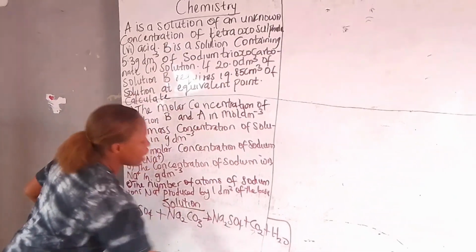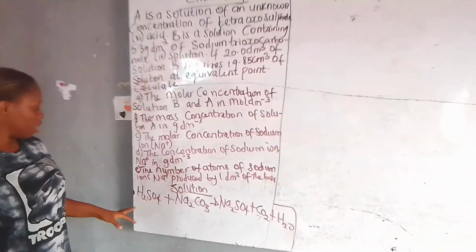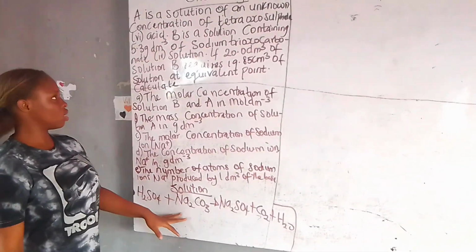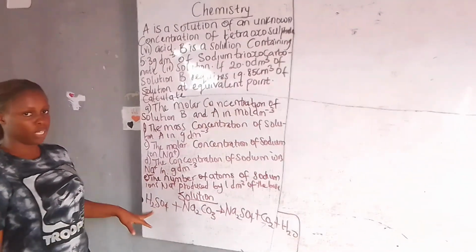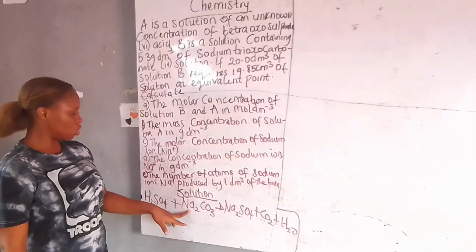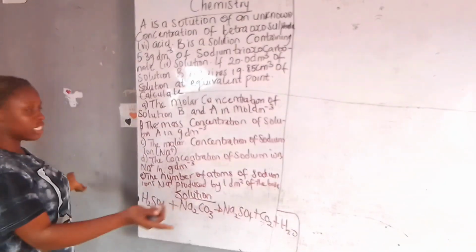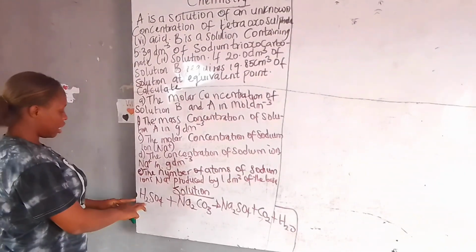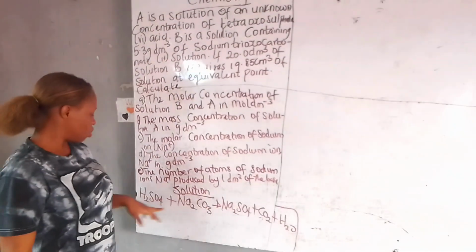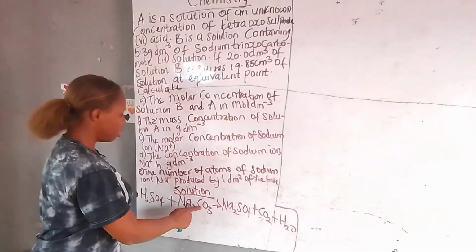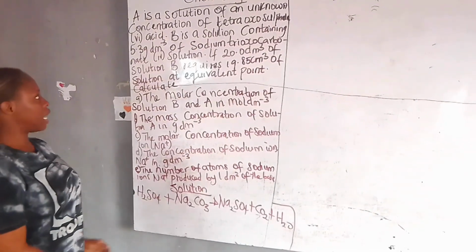So we've written a balanced equation of this particular question, because solution A is of unknown concentration, which happens to be H2SO4 plus Na2CO3 giving Na2SO4, CO2 and H2O. Is the equation balanced? Yes, it is. H2 is here, 2 is here. Na2, Na2, SO4, SO4, CO3, 2 plus 1. So the equation is balanced.